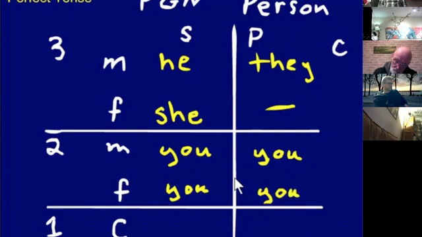So in English, we do not make a distinction in gender or in number for the second person. We just use you all around. Unless you include y'all as part of your vocabulary, in which case there's a distinction between singular and plural. Y'all meaning talking to a group of people. But other than that, these are all the same.